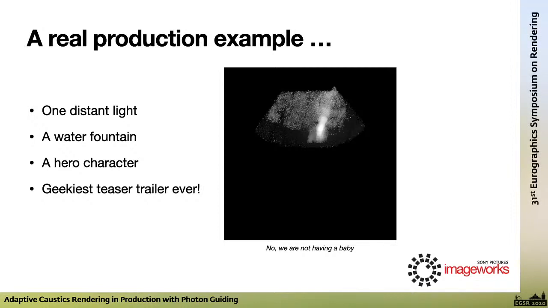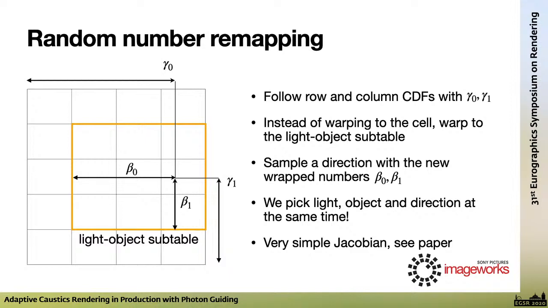So let's look into how we sample this table to produce a photon emission direction. This table is sampled just like any other 2D CDF. By row and column, you select a cell, right? And that cell is going to live inside of one of those subtables. That subtable is going to tell you which light and which object, but also what direction, because the difference of this sampling is that we are not wrapping the random number to the cell.